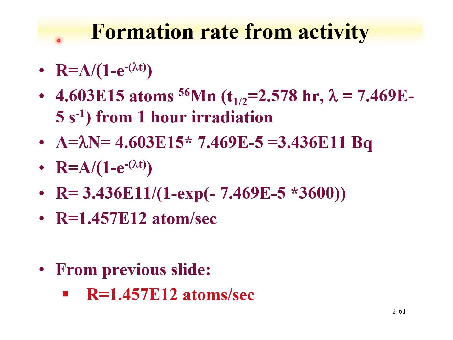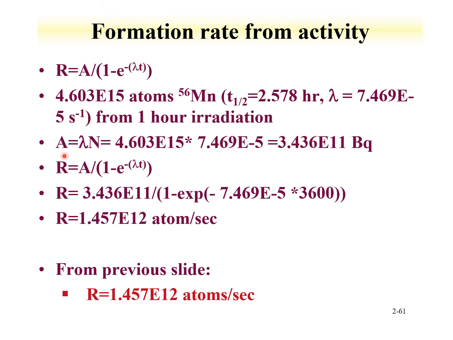We introduced this equation a few slides ago, where we can determine the formation rate based upon measured activity and this saturation factor. So let's look at the example from the manganese-56 that we provided in the previous slide. We've gone through how we determine this value. Our activity, if I know the number of atoms of manganese-56 and the decay constant, is activity equals lambda N. I get 3.4 times 10 to the 11th becquerels.